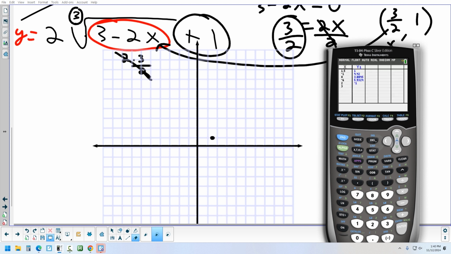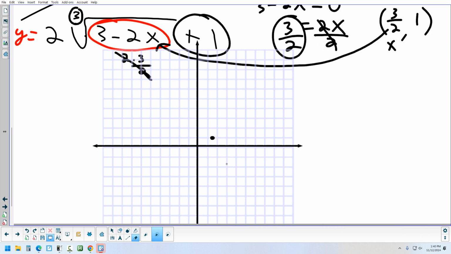What would be a couple more points to the right of 1.5? Would you want to check like 2.5? Yeah, I would say kind of space them out in that whole area. We could do 2.5 or 3. So 3, we're at negative 1.8. 1, 2. So maybe about right there.